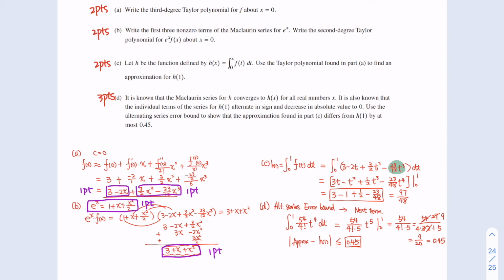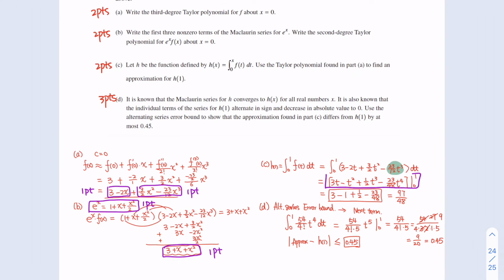For part C, the antiderivative, 1 point, and your answer, 1 point. For part D, the alternating series error bound, next term, 1 point. Take the antiderivative, 1 point. And the final answer, which is your error bound, 0.45, that's 1 point.